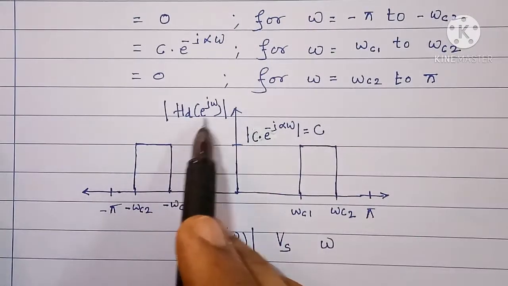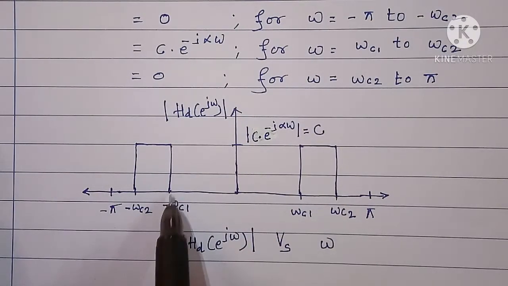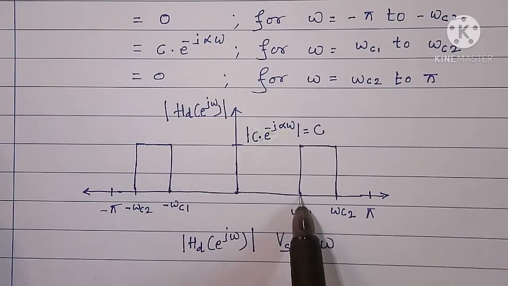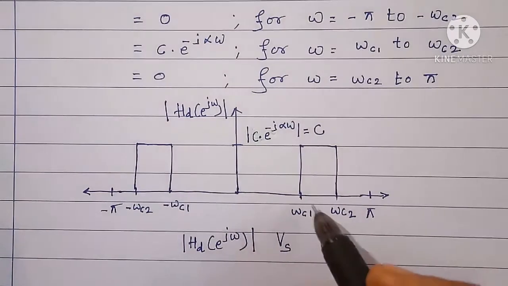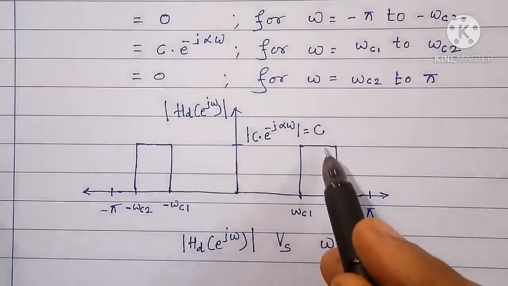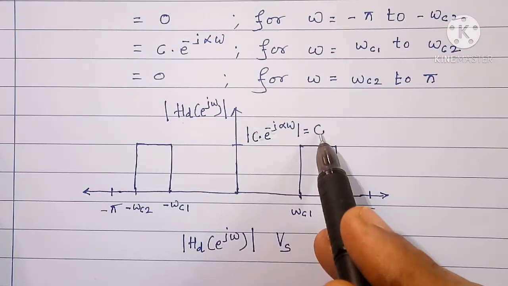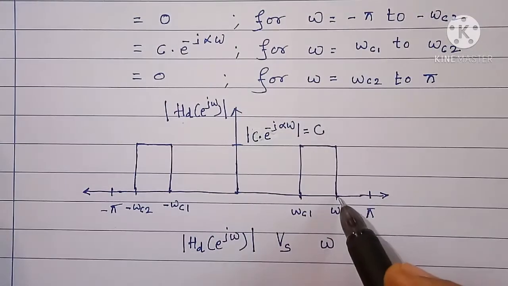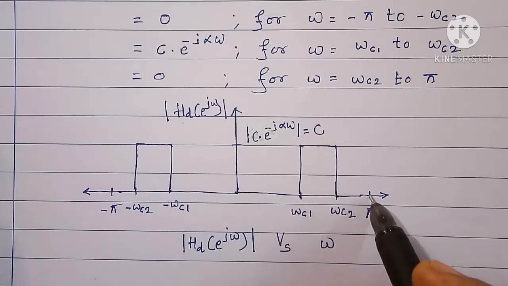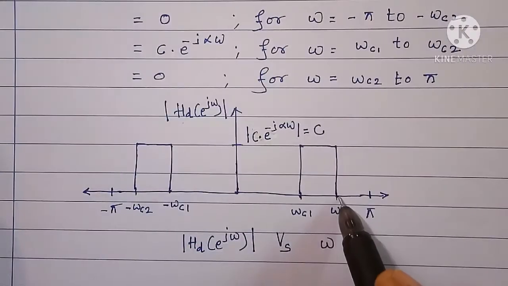The magnitude of HD of e raised to j omega is equal to 0 for frequency minus omega c1 to plus omega c1, and from omega c1 to omega c2 the magnitude of HD of e raised to j omega is equal to capital C, and for the frequency range from omega c2 to pi, the magnitude is once again equal to 0.